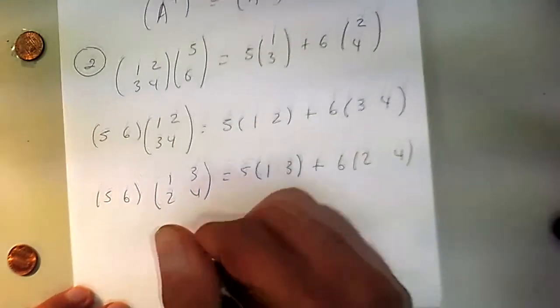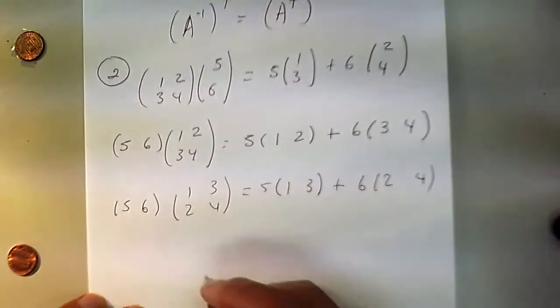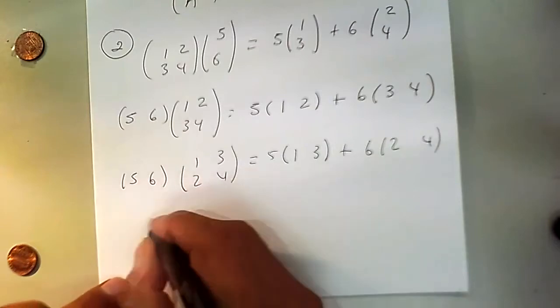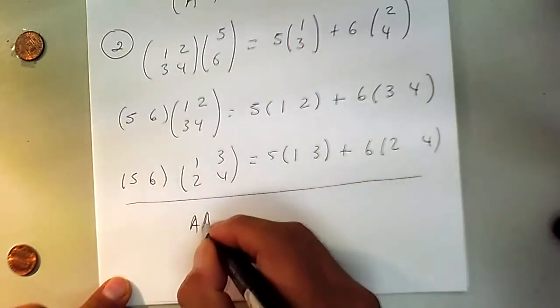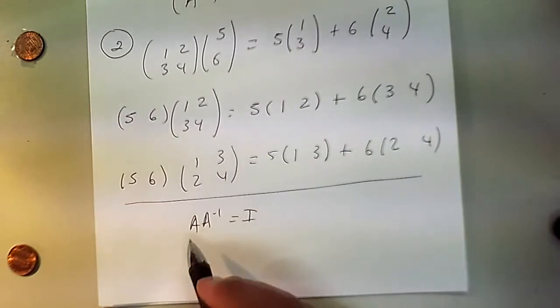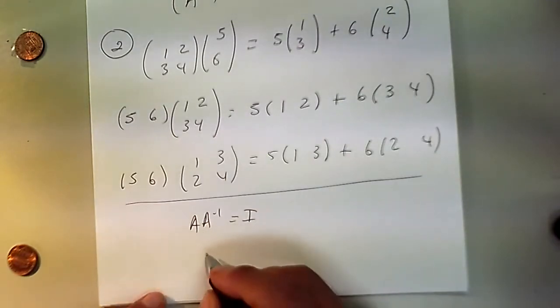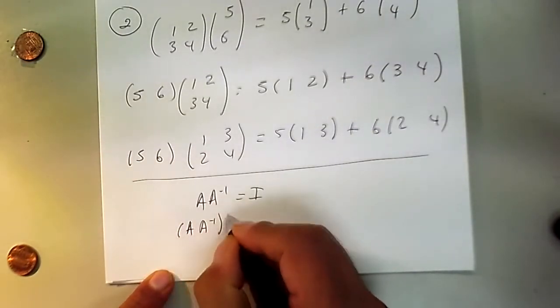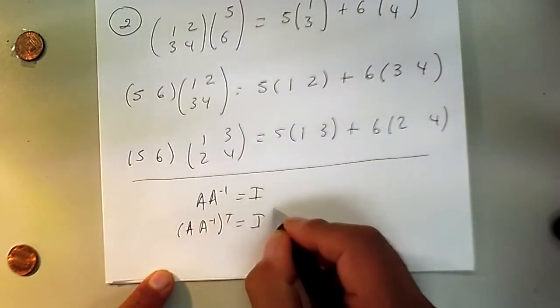Anyway, let's derive where this comes from. So this is a new idea. A times A inverse equals the identity. Let's transpose on both sides of the equation. So the transpose of the product equals the identity transpose.